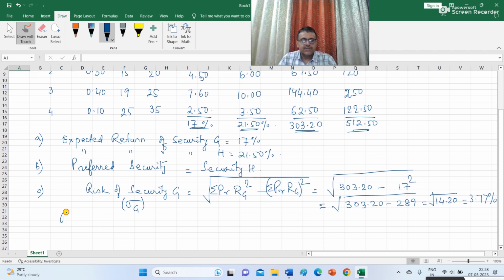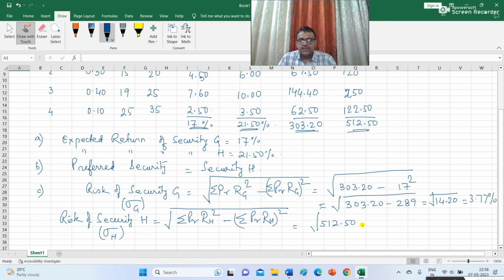And the risk of security H, that is the standard deviation of H or sigma H, is equal to the square root of summation PR RH square minus summation PR RH whole square. So here 512.50 minus 21.50 square.